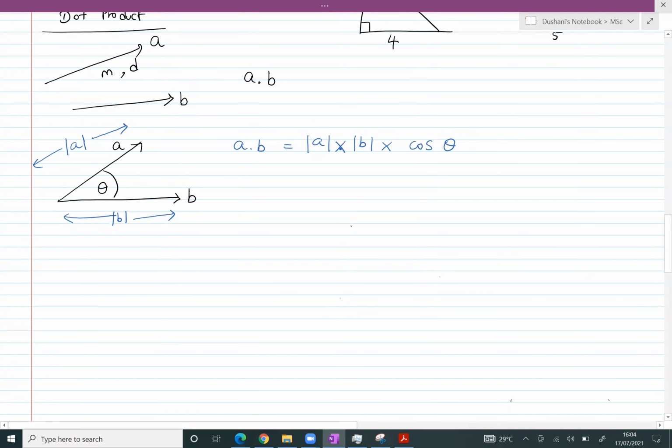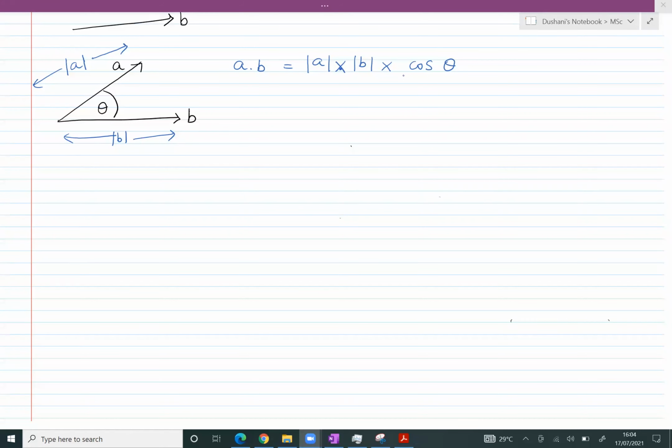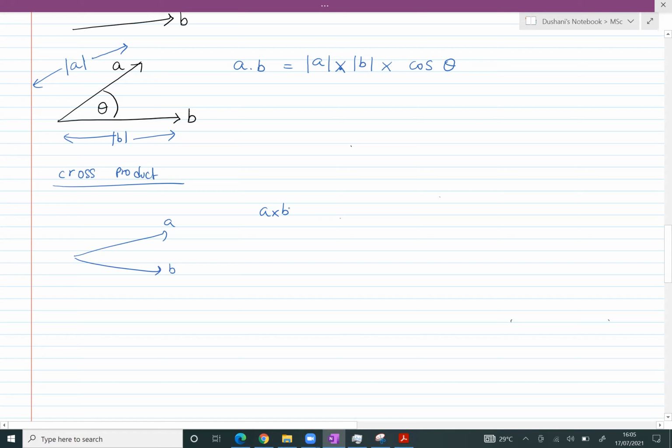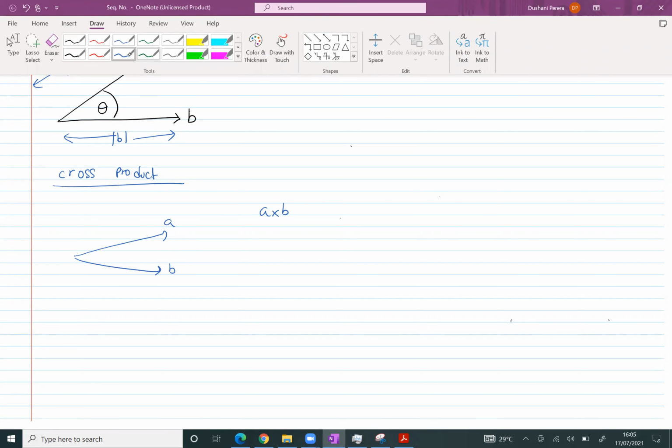Then let's look at the cross product. Here, when we have two vectors, the cross product of these two vectors is another vector that creates right angles to both these vectors.